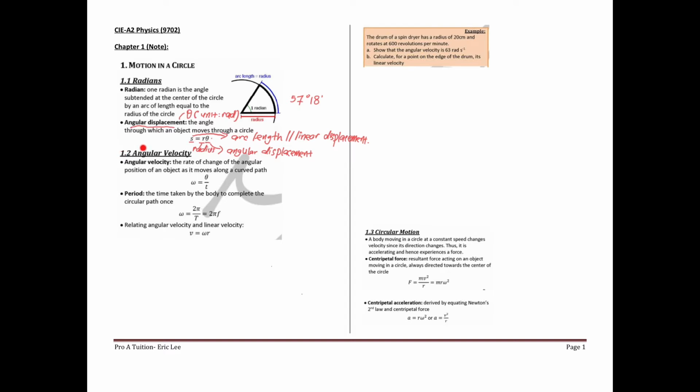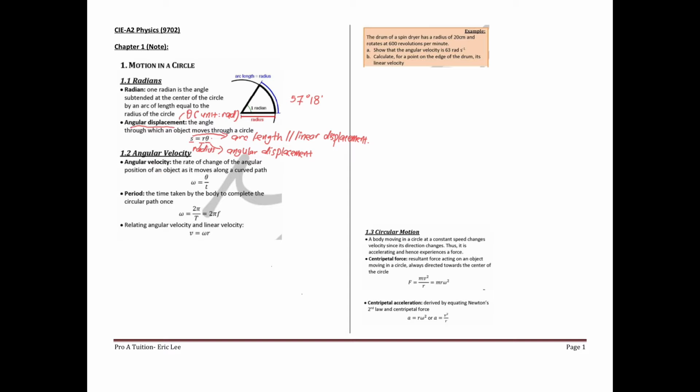1.2, angular velocity. So we look at the first point here. They said angular velocity is the rate of change of the angular position of an object as it moves along a curved path. So the idea here is the rate of change of the angular positions. Let's start from the basic concept of displacement and velocity.